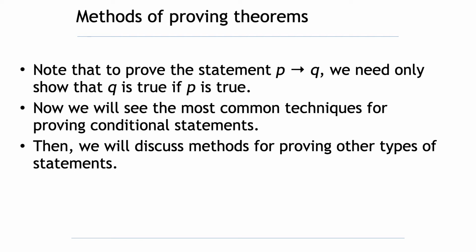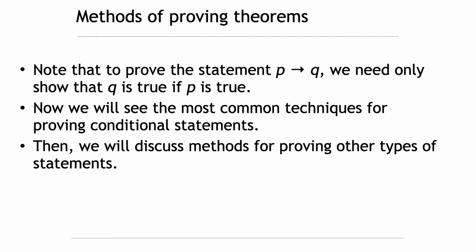Note that to prove the statement P implies Q, we need only to show that Q is true if P is true. Now, we will see the most common techniques for proving conditional statements. After that, we will discuss methods for proving other types of statements.